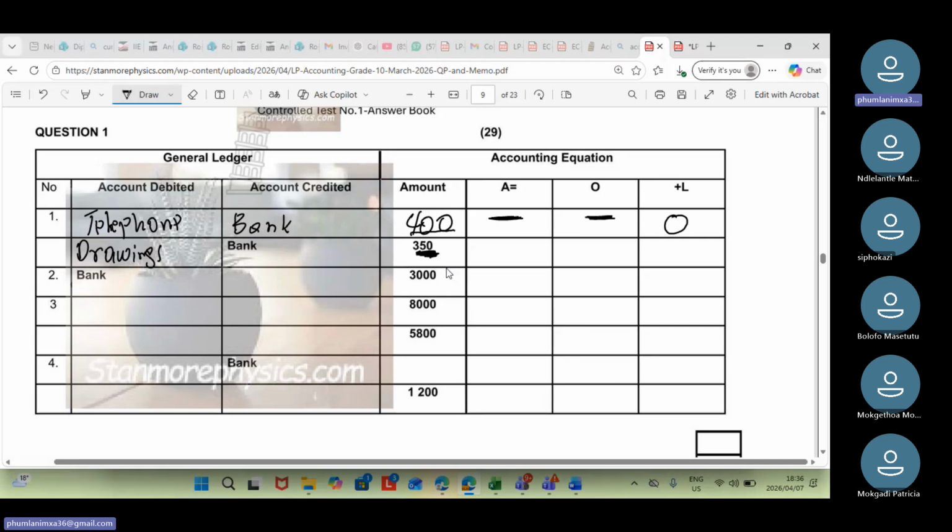Again, on the accounting equation, this is what we need to do. Assets are decreasing again because bank is credited, is the account to be credited. We are taking money away from our bank account. Are we clear?